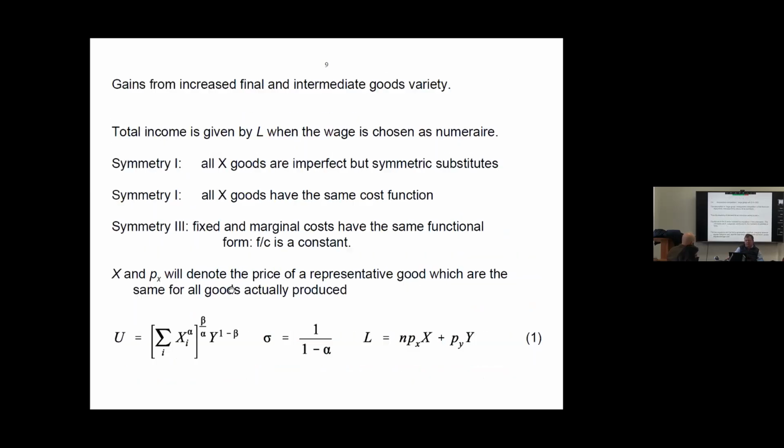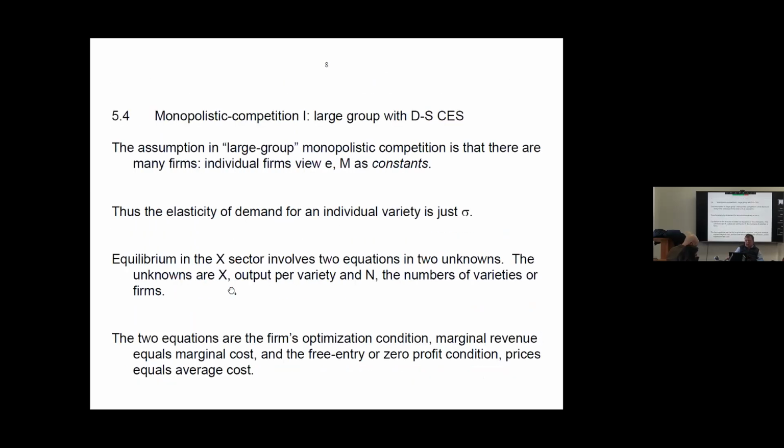Right. So I'm going to start with large group monopolistic competition to show you how to translate this into a GAMS model. This should be familiar to a lot of people that have gone through this. So I deliberately picked it for something that's fairly straightforward.